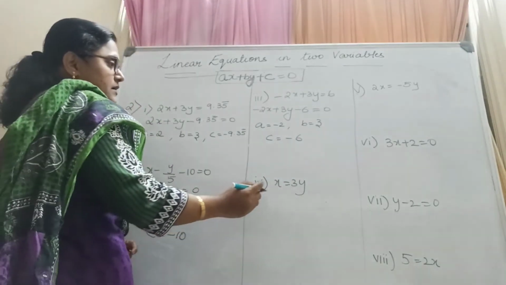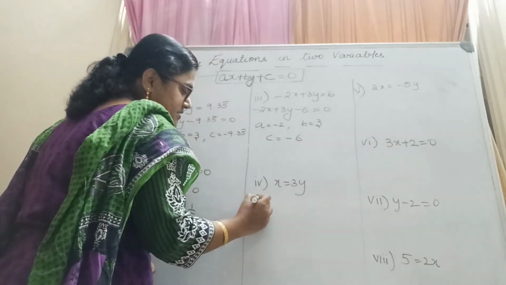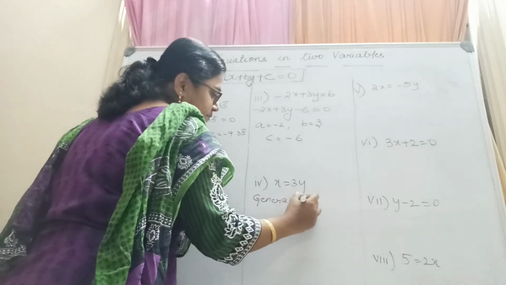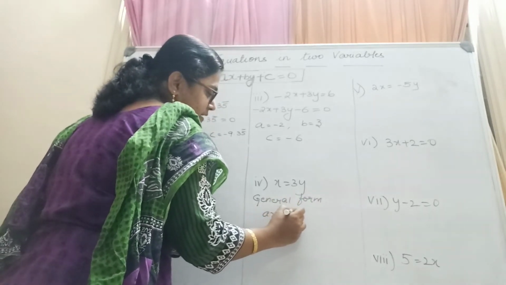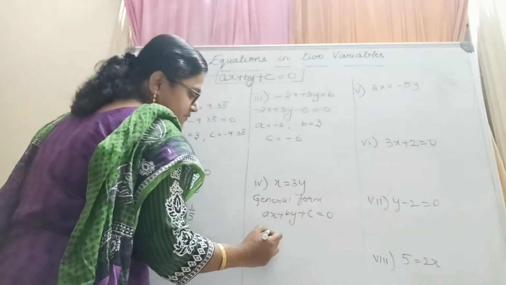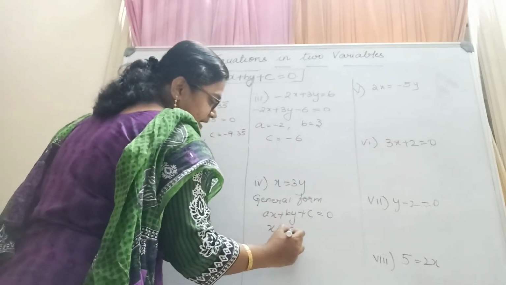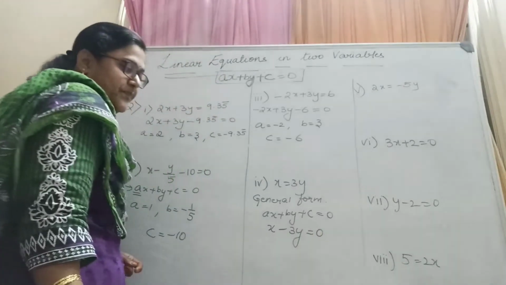Similarly, here the next question, when we write this in the general form, what is the general form? ax plus by plus c is equal to 0. Now I will write in this form x, bring this 3y to the LHS, that is minus 3y, positive will be negative, is equal to 0.